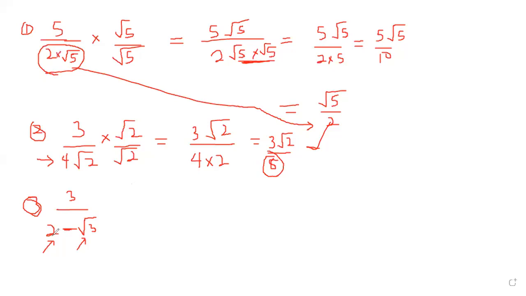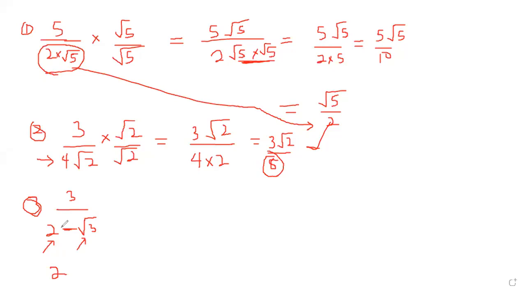So when you have 2 terms as your denominator, what you use to rationalize it is the conjugate. The conjugate means you are just going to rewrite the same surd, but you change the sign in between them.